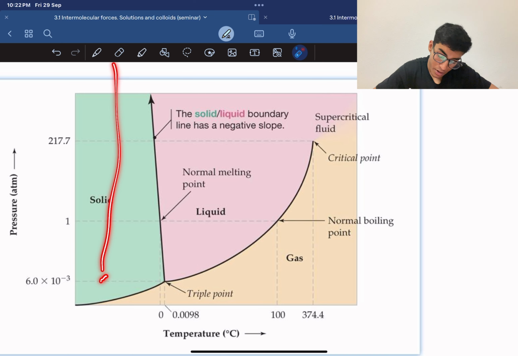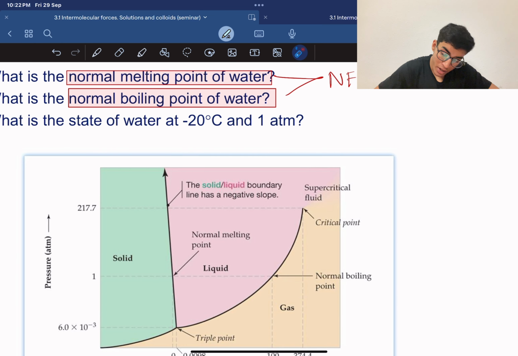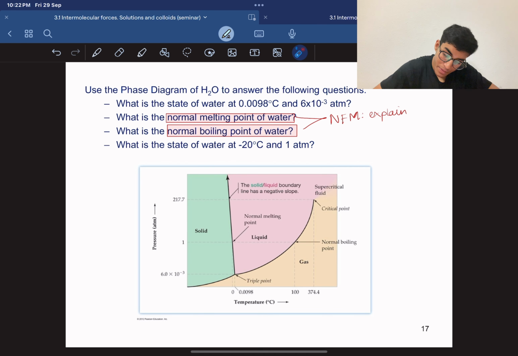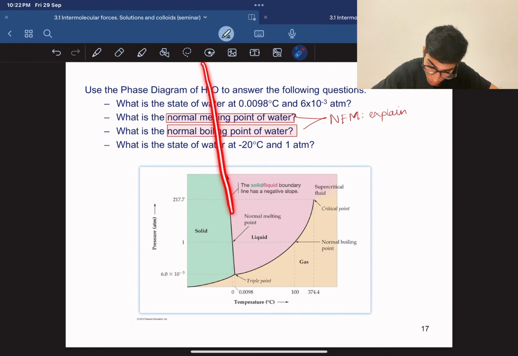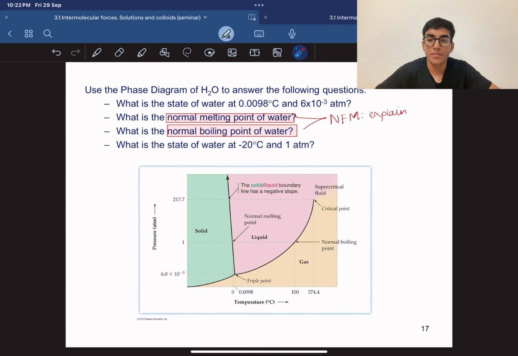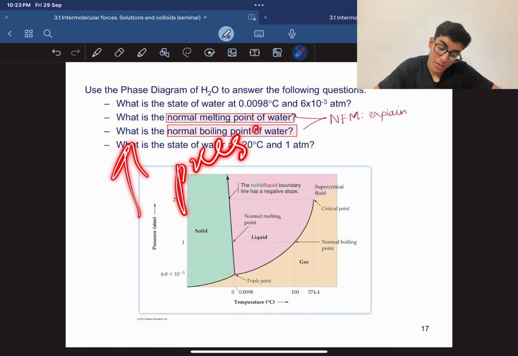If I take a point here, go up, over here it may seem like it's going to go into solid, but you see this is slanted. So slowly over time it gets tilted. So if you go up, see, it's still going to go into liquid. So basically liquid exists at a higher pressure. And the medium that exists at a higher pressure has more density.